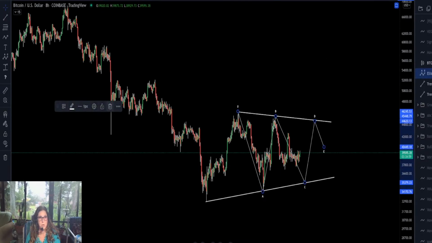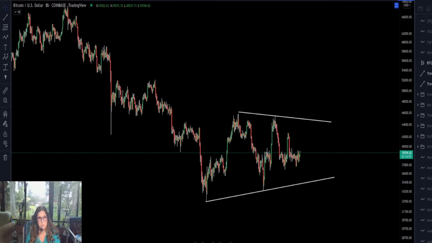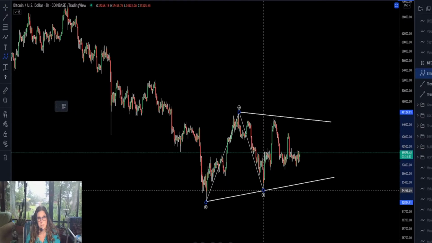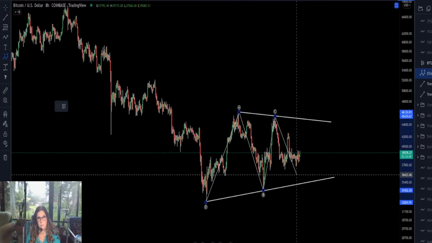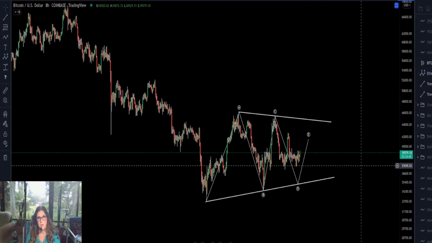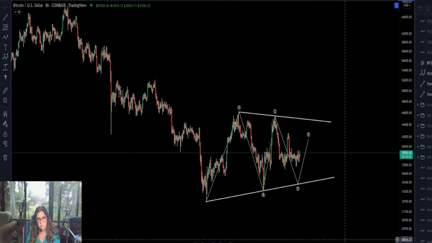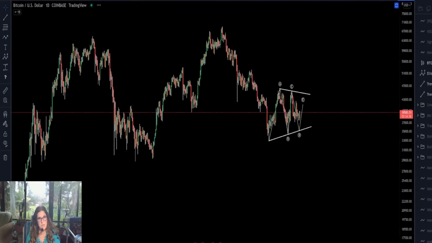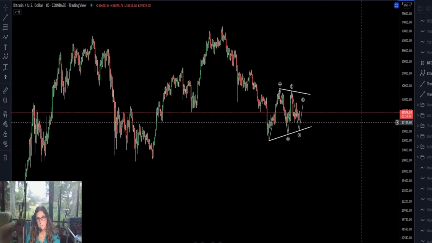So the other triangle is assuming that this is the first leg, this is the second leg, third leg, we're going to be making this one, and then E here, and this would mean we're breaking to the downside. If we make this triangle, and we cannot tell at this point which one it is, okay?